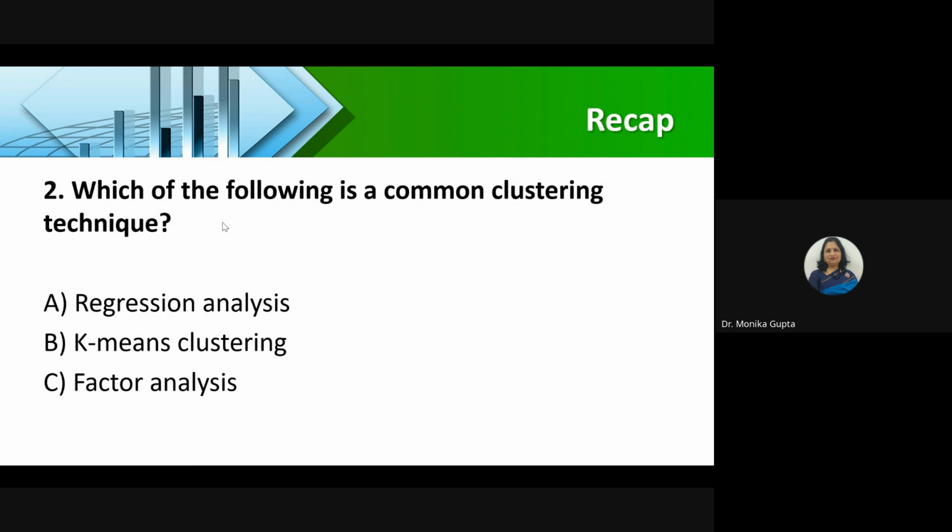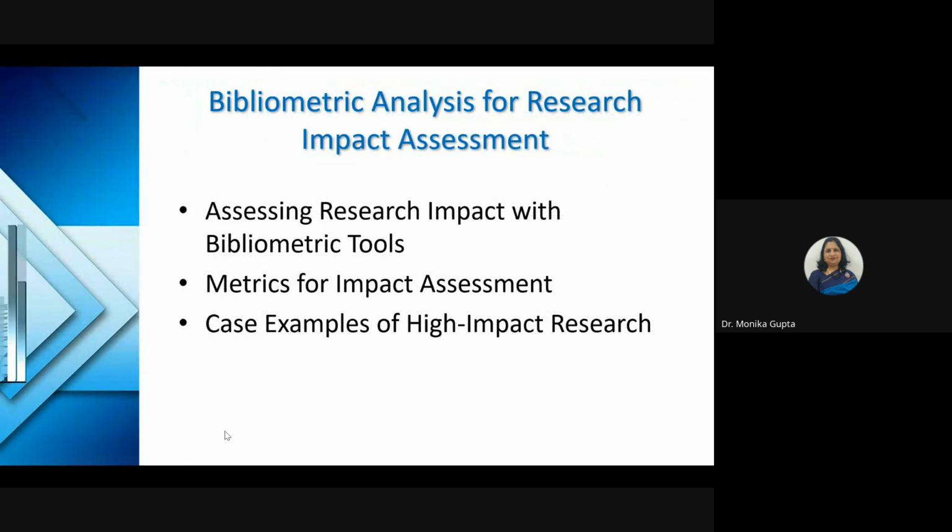So which of the following is a common clustering technique? Now, bibliometric analysis for research impact assessment. Bibliometric analysis plays a crucial role in assessing the impact of research. Metrics such as citation counts, H-index and G-index provide insights into the reach and influence of a study.